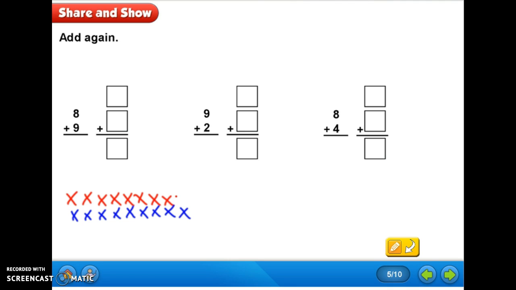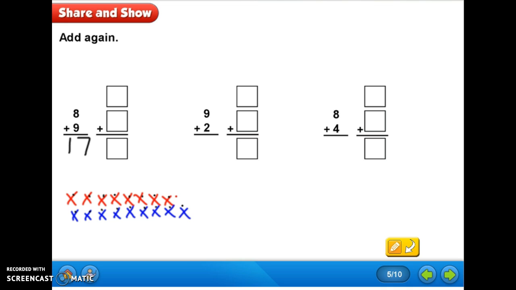All right, how many do I have all together? 1, 2, 3, 4, 5, 6, 7, 8, 9, 10, 11, 12, 13, 14, 15, 16, 17. I have 17. So 8 plus 9 equals 17.